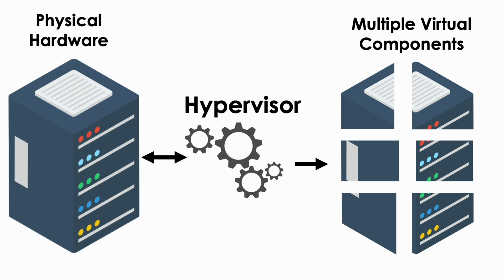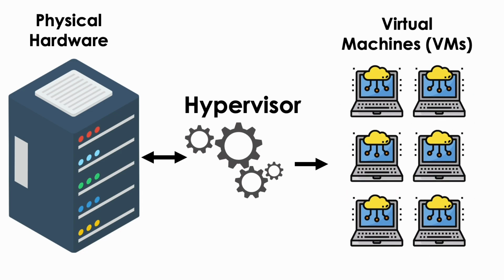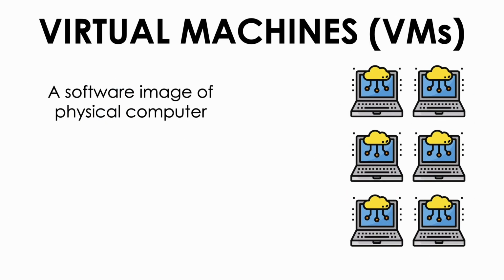Let's get more specific about what those virtual components are. Well, you see, those virtual components are represented as virtual machines. These virtual machines are a software image of a physical computer. This is virtualization at work.